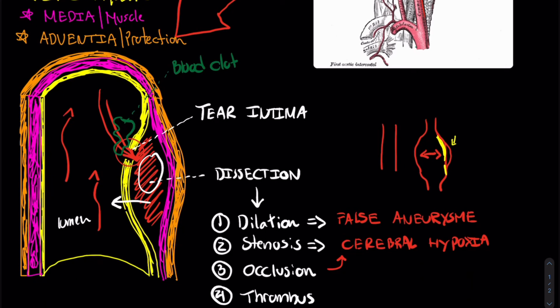Imagine that there is this blood clot here, and this blood clot can go away from the wall. It can detach and it can go through the circulation. So it can go into the internal cavity, up into the circle of Willis and into your brain.